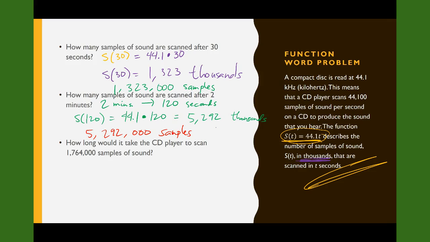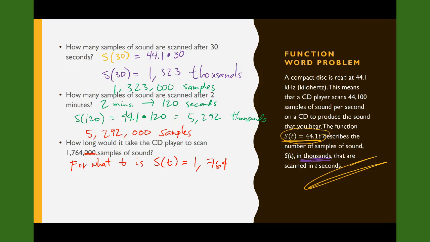Now remember, S of t gives it to us in thousands. So what we're really looking for here is, for what t is S of t equal to 1,764, because again S of t gives it in thousands, so we can ignore the 3 zeros.